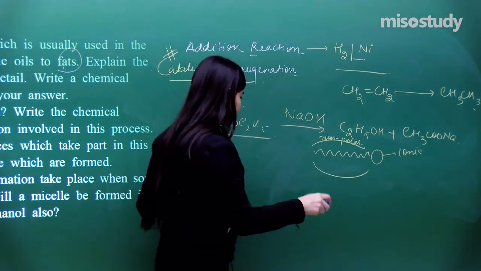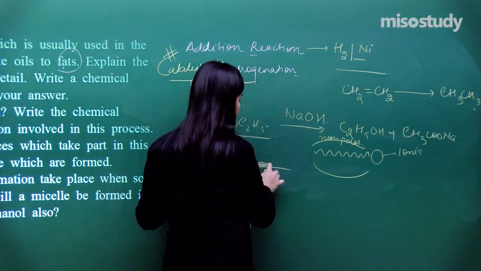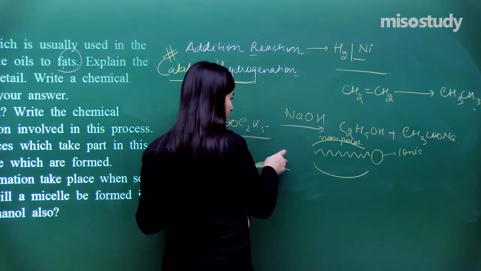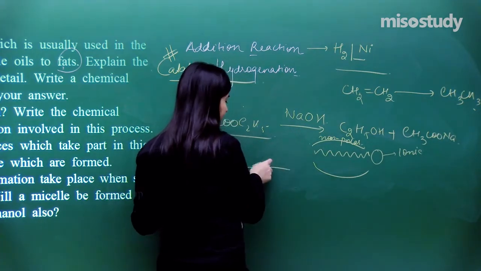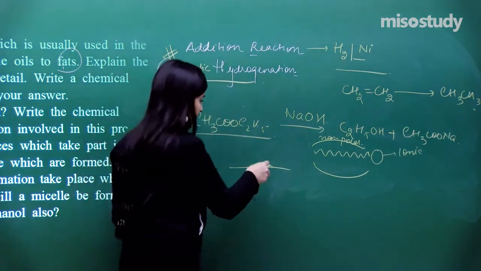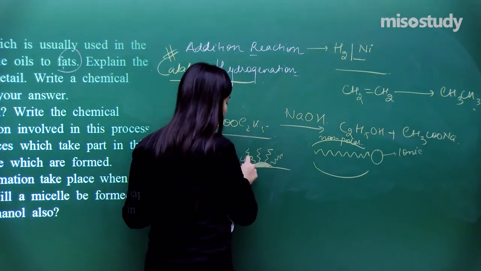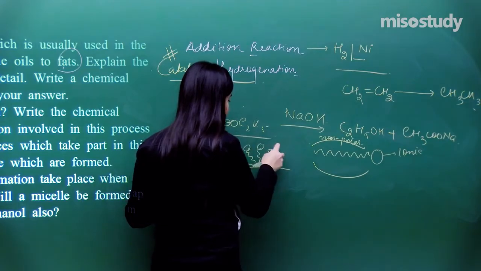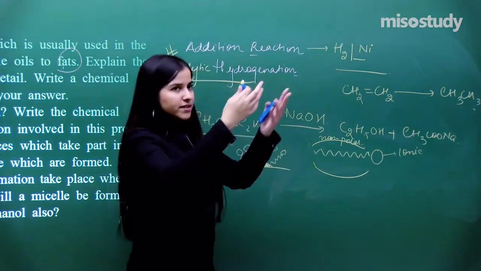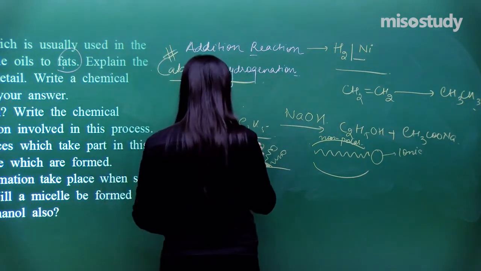So what happens is, there is a surface having an oil droplet which is stuck. The hydrophobic part is loving this oil droplet, so it gets attracted towards it. These ionic ends will be towards the solution, which is the water molecules over here.